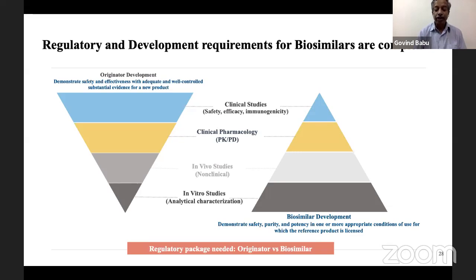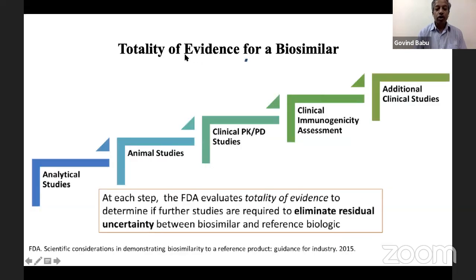And that is why the costing for a biosimilar is much less. So we talk about the totality of evidence for a biosimilar, starting with the analytical studies, the animal studies, clinical PK/PD, clinical immunogenicity, and the clinical aspects. And at each step, they need to look at various aspects to see how similar they are to the innovator.